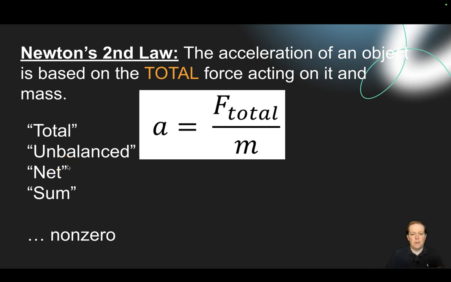So some textbooks might say, oh, it's the net force divided by mass. Total also means the sum. You add things together. It's based on all those forces. Okay, one last one. It's the non-zero. It turns out, team, just like that example I showed with that online simulator, if the forces are canceling, well, that gives you an overall force of 0, and that's why you don't accelerate.